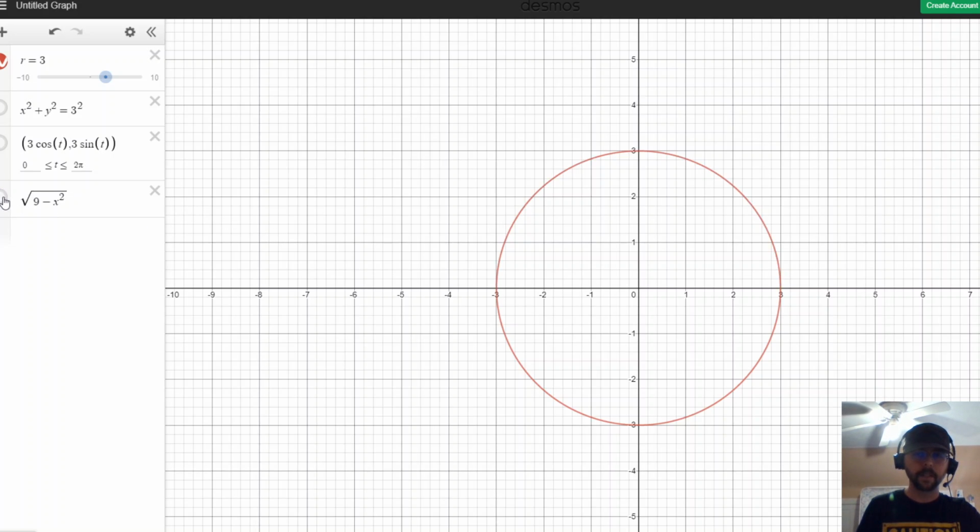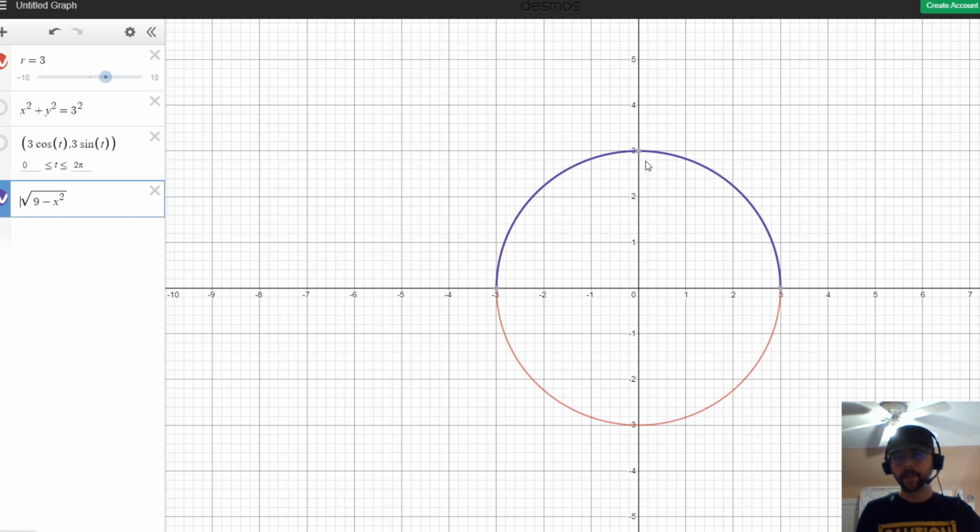So see the top half of the circle. The square root of 9 minus x squared is the top half, and the bottom half would be minus. So top half, bottom half. When we do the integration, we're actually only going to need the top half, and I can explain why from this circle that's already drawn here.